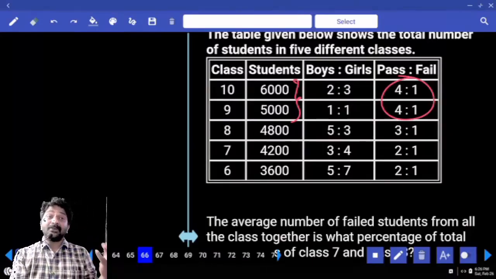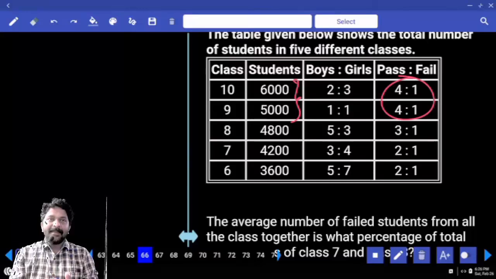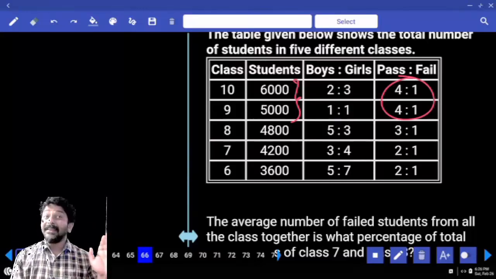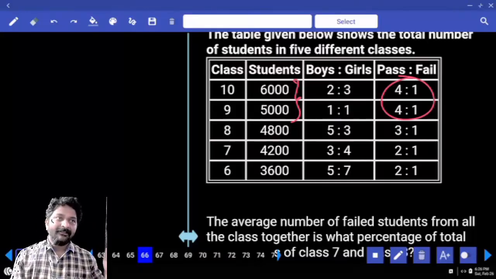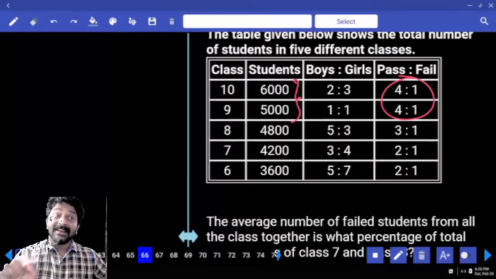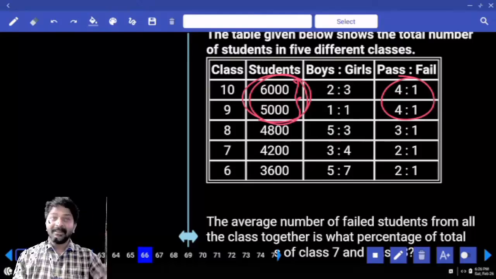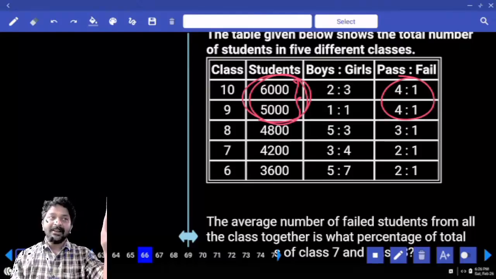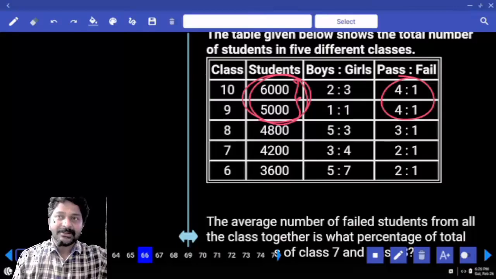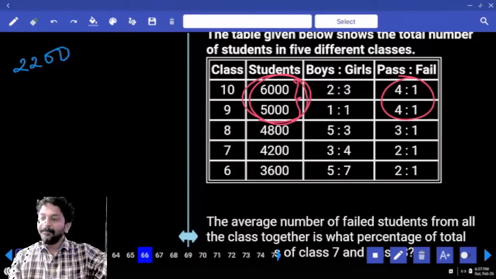Can you tell 4:1 in terms of percentage? 4:1 ratio concept, tell it in percentage. 80-20, correct. Failures are 20%. Now 10th class and 9th class both together, how many students are there? 11,000. Out of both together 20% are failures, right? That is 2,200 only, right?